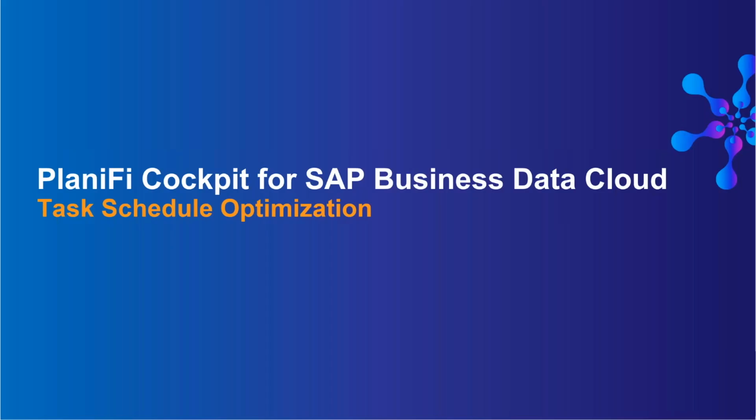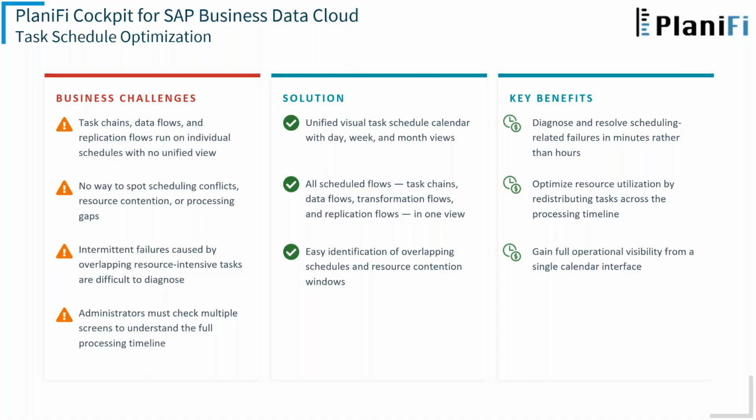The last item I want to show is the scheduling item. If you're setting up task chains, data flow schedules, replication flow schedules, all those things, today inside of Datasphere there is no option for you to see how these things overlap on a daily, weekly, or monthly level, simply to see how much load you are actually putting on the system.